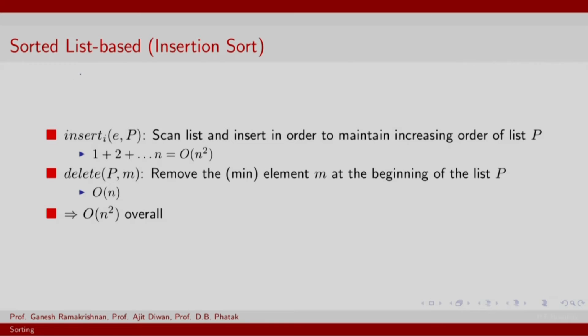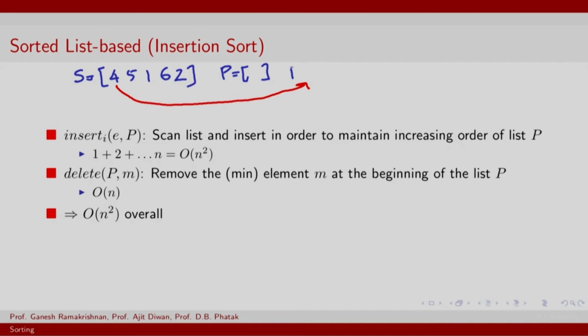So the idea here is, given an input sequence S, let us say 4, 5, 1, 6, 2, you create an auxiliary data structure, a priority queue P, which is initially empty, and the idea is to scan the list S and insert elements in the order in which you scan into P.